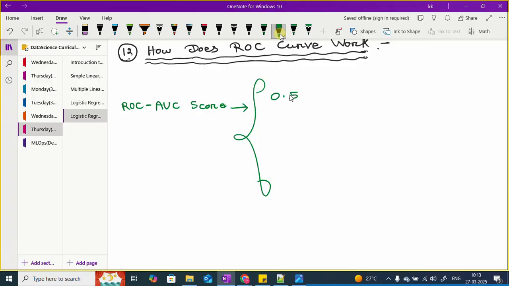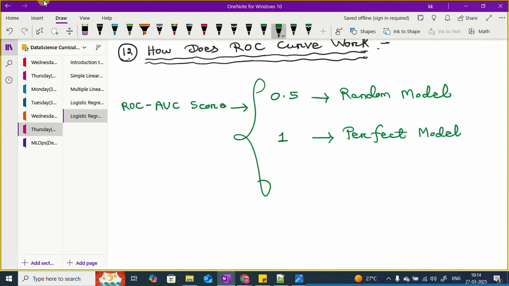0.5, which is kind of 50%, then that model is called a random model. And if it is 1, which is 100%, then this is called a perfect model. Let me use a different color.